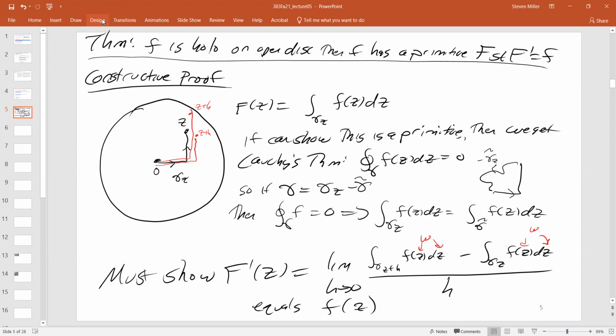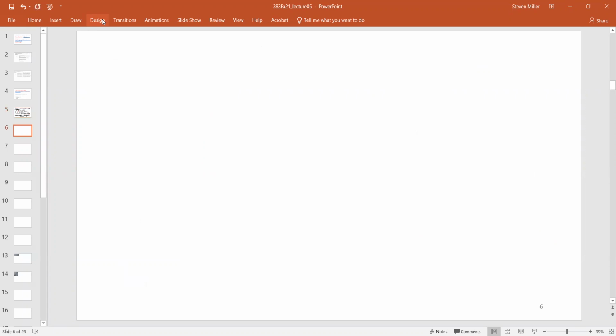I'm just so used to using z as my dummy variable, and if I'm now using z over here, that could be a little bit confusing. So I should use w as my variable. Or instead of calling this z, what should I call this? Z naught. So I could do the z naught or I could do this. Either way is fine.